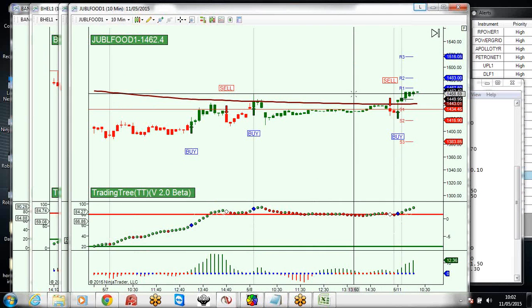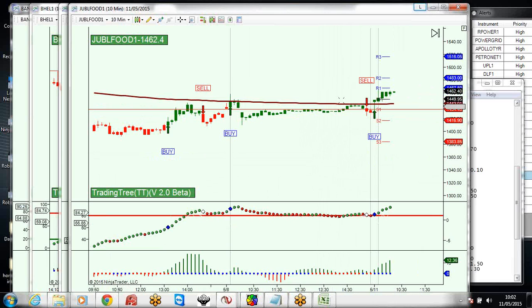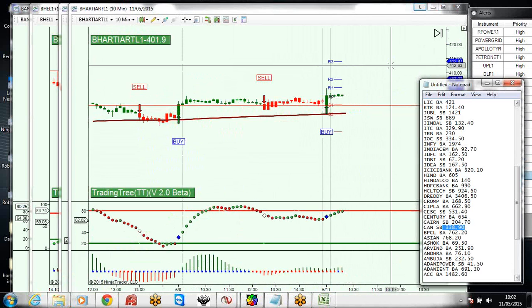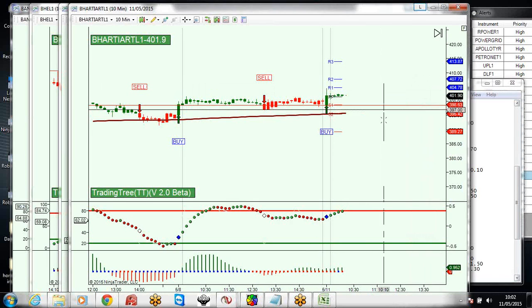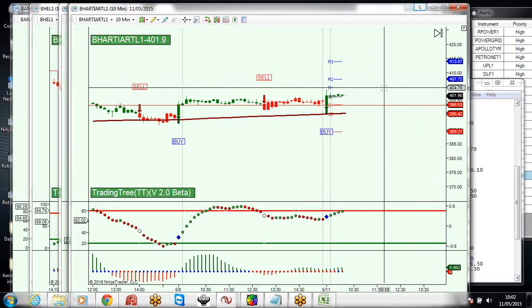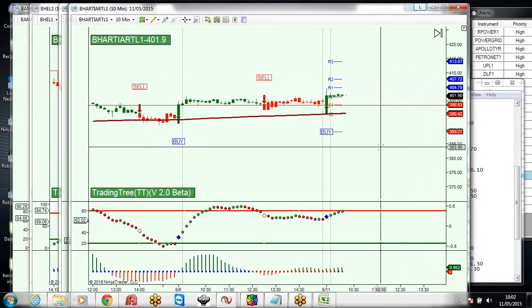Jubilant Food has triggered. 480 will be the buy for Bharti Airtel.